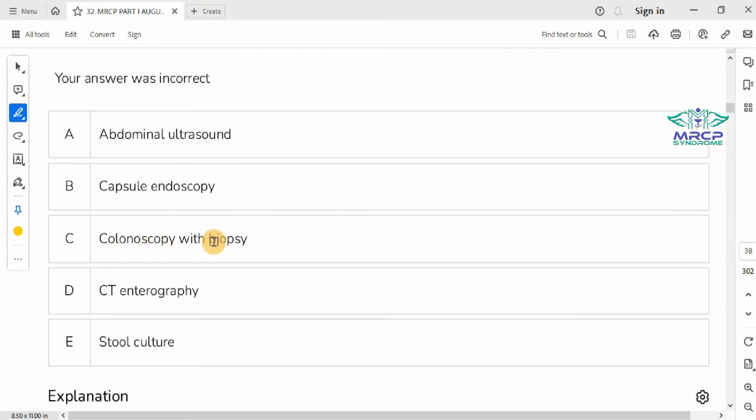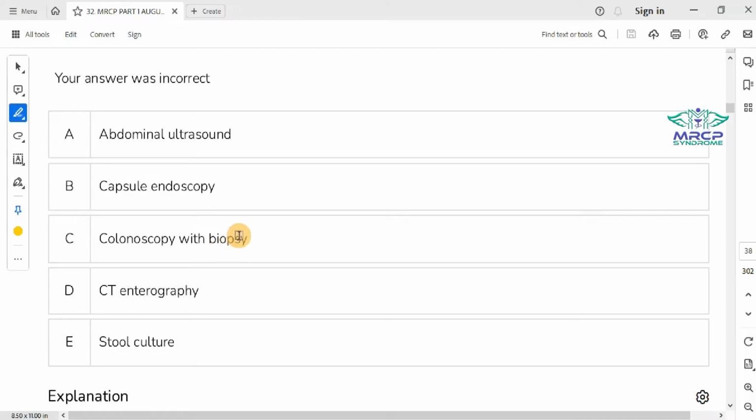Colonoscopy with biopsy is the gold standard investigation for Crohn's disease. Colonoscopy allows direct visualization of the mucosa, and it can detect ulcers, cobblestone appearance as well as strictures. The histological confirmation, meaning the biopsy, will reveal non-caseating granuloma, which is one of the hallmark components of Crohn's disease.